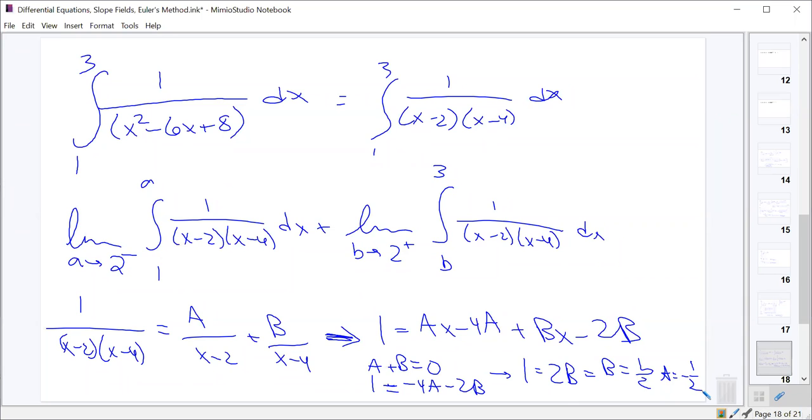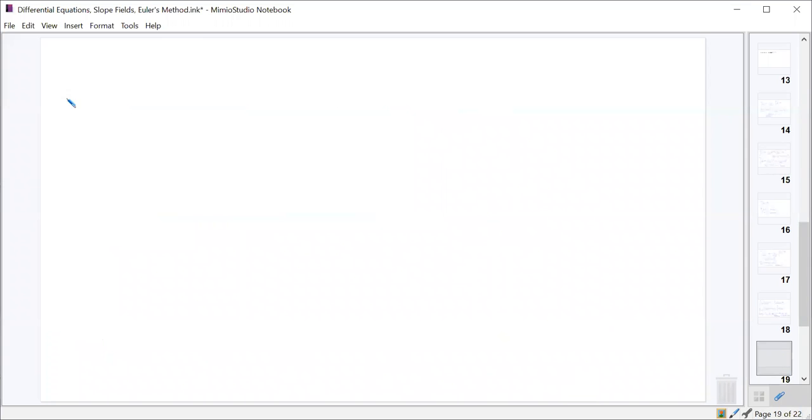So then we're going to rewrite this as a limit as a approaches 2 from the left of the integral from 1 to a. What was my A and my B value?